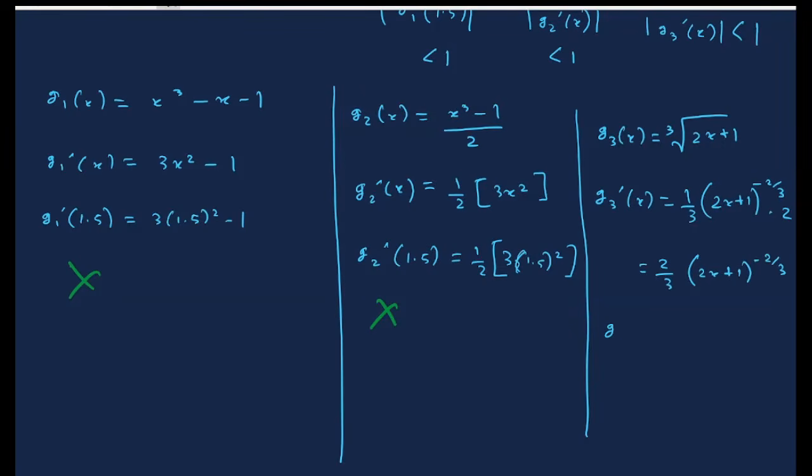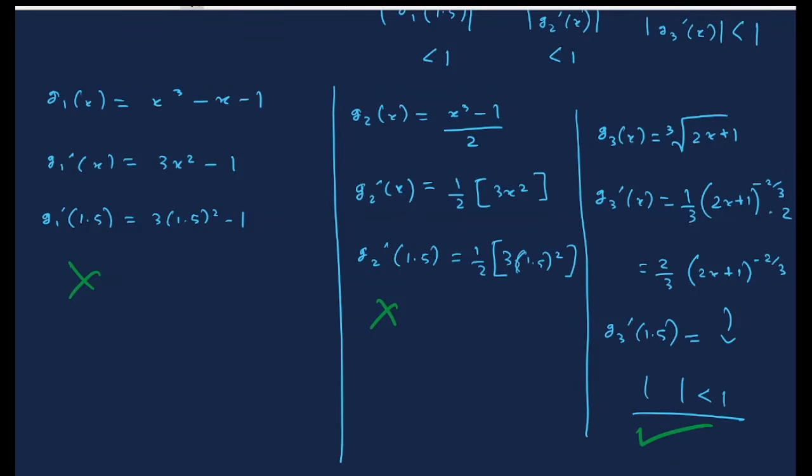If we put the value of x as 1.5 into this function, we will see that by taking the modulus, it becomes less than 1. So this is the g of x that we are going to consider for our fixed point iteration case.